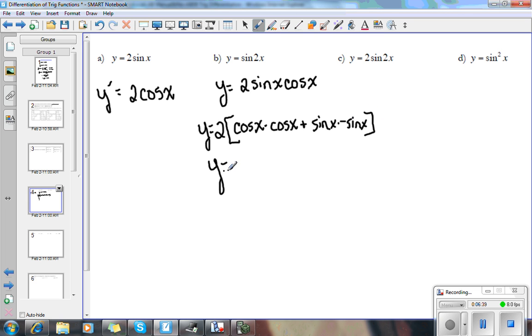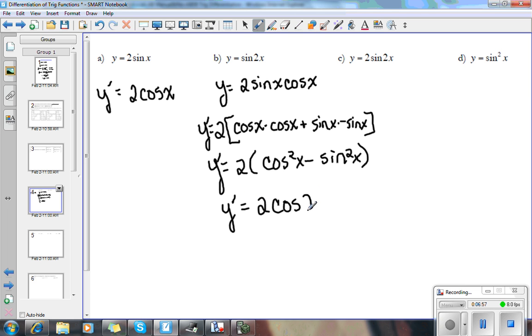So we get 2 times cosine squared x minus sine squared x. And this happens to also be a trig identity, which is, oh, sorry, this is y prime, which is cosine 2x. And those, again, you might have to brush up on those trig identities.